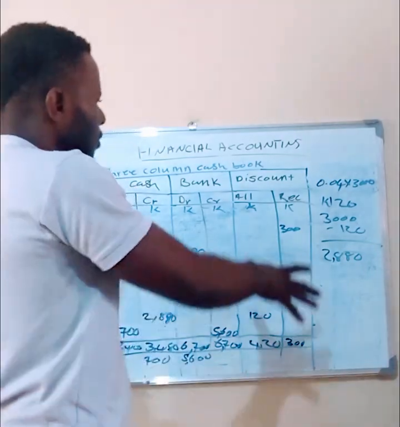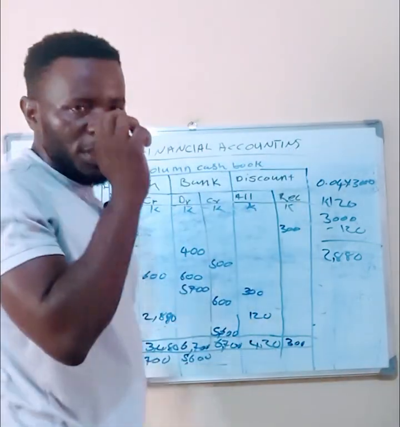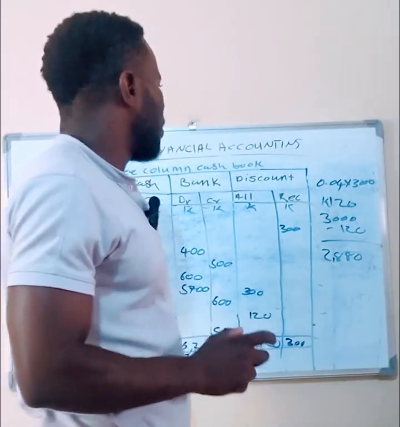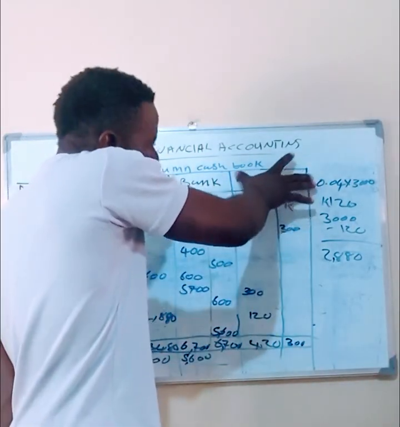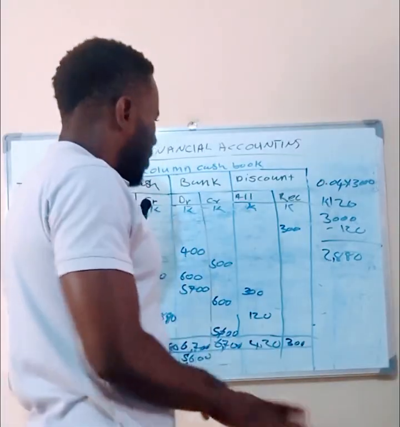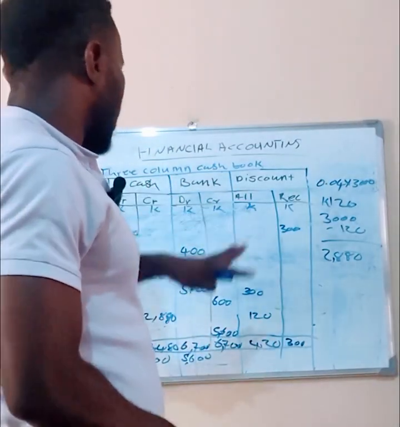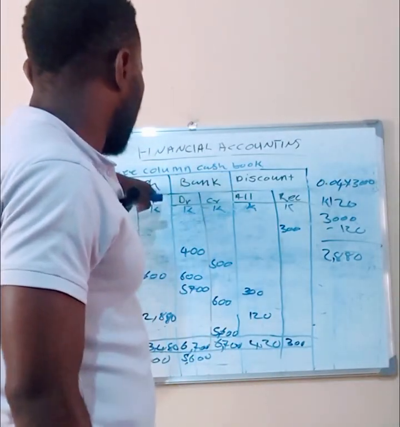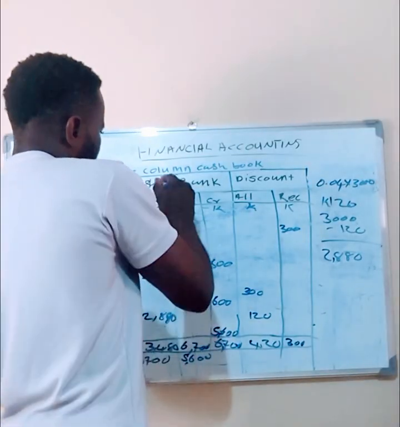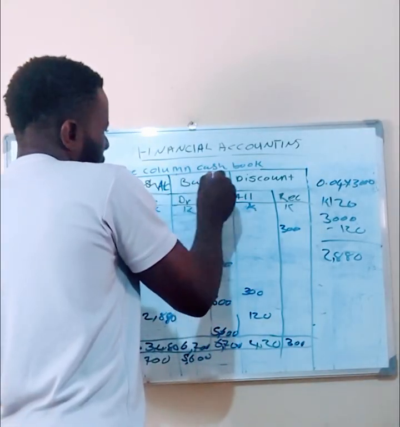So the only difference between a two column cash book and a three column cash book is that a three column cash book has a discount column, but everything is just the same. The bank, the cash, everything is just the same. It just has the cash account and the bank account. That's the only difference.